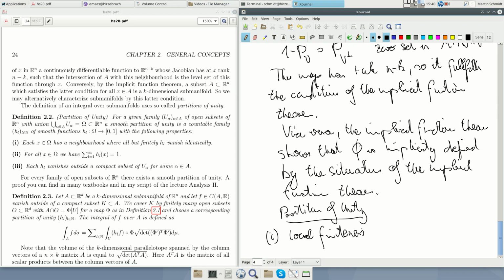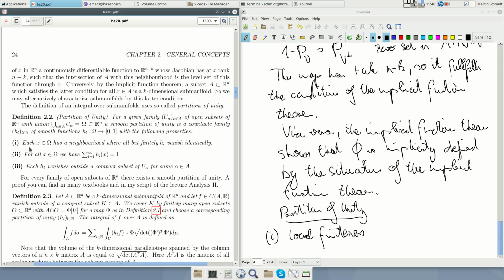It means each point has a neighborhood where all but finitely many of these functions of this sequence vanish identically on the whole neighborhood. The second property is the one reflected in the name partition of unity: here, the sum is 1.